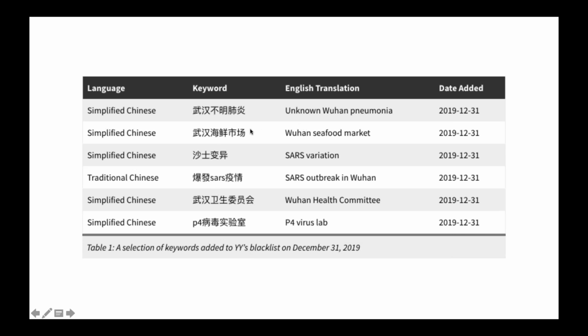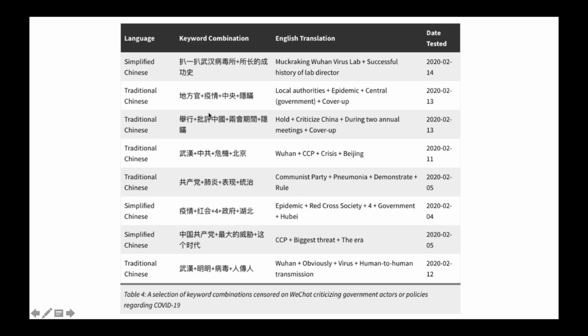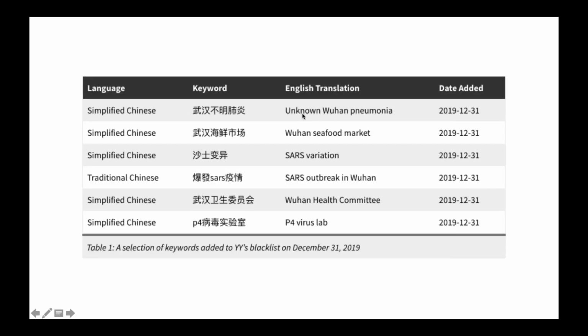Here are the specific words the scholars have uncovered: if anyone were to refer to an unknown Wuhan pneumonia, this would have been censored.